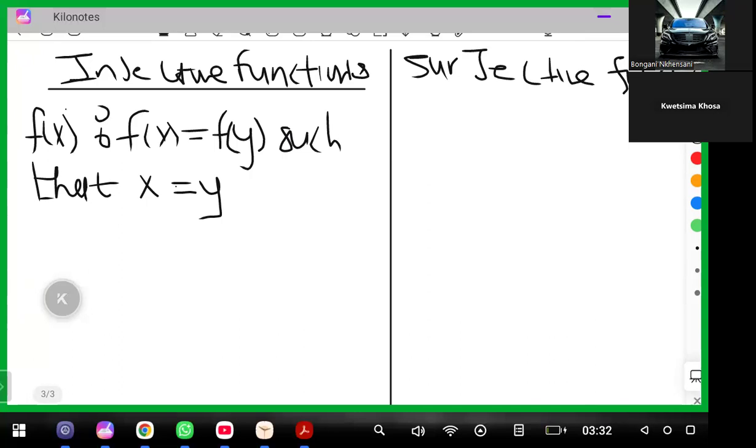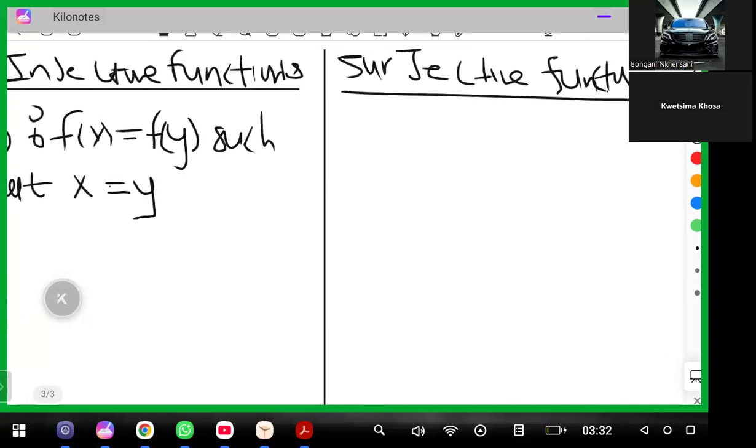Then with surjective, here f of x must be equal to y, but depending on the set that will be given. I'll explain what I mean when I say set.